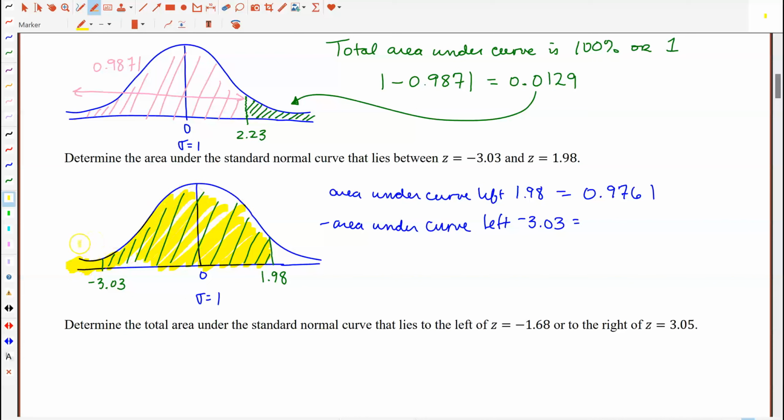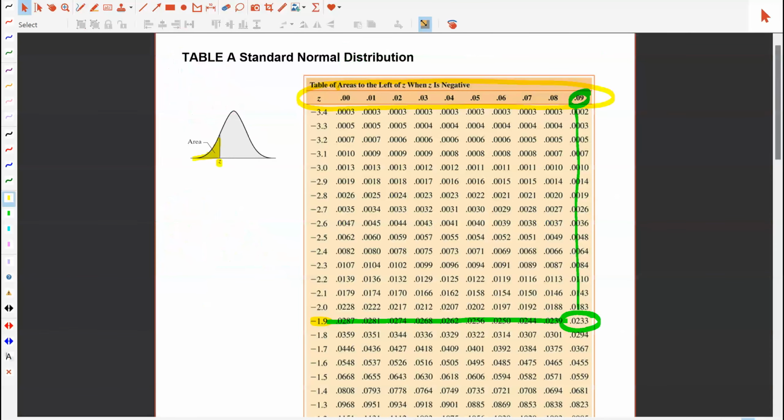So the game plan now is we're going to find out how big this area is out there in that left tail in the region that I don't want, and we are going to subtract that area out. Right, so let's go figure out how much area there is over there. Using our table, our value is negative 3.03, so let's go back to our table.